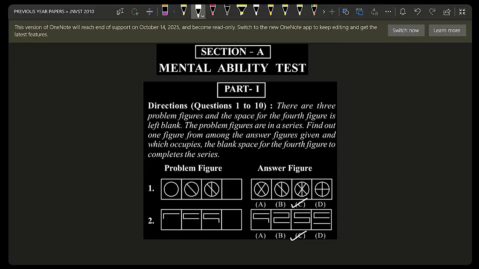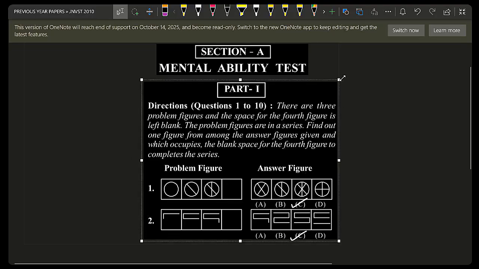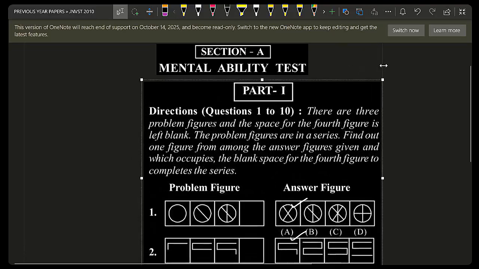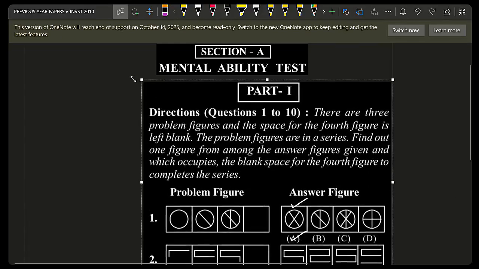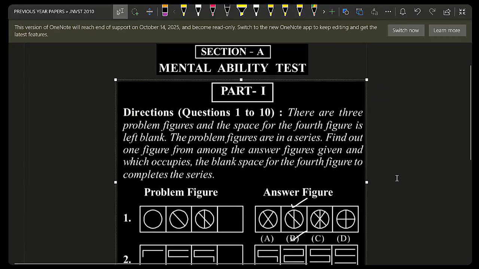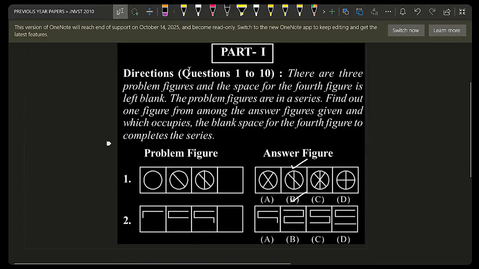Yeah, very simple questions. Shivansh, what is your doubt? Sir, can you zoom it? Okay, ma'am. Is it okay, Shivansh?